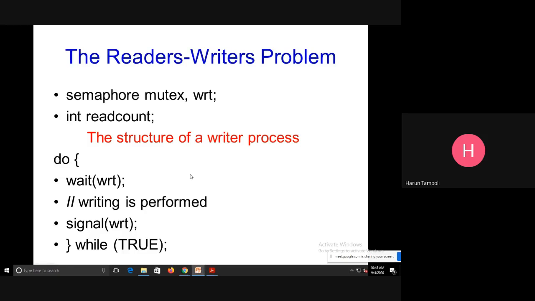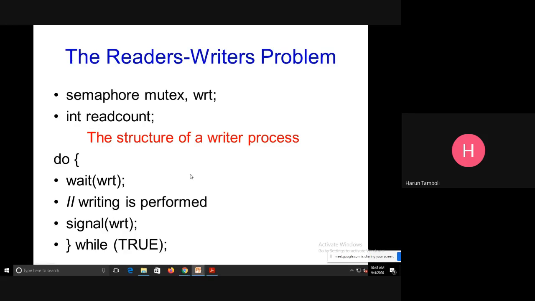So in the two cases, for the reader case, the same shared data can be accessed by multiple processes in reading mode, but for the writing mode, only one writer is permitted to perform the operation on the shared data.